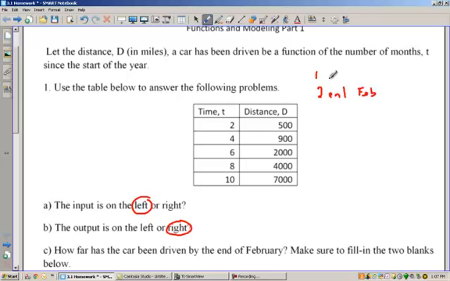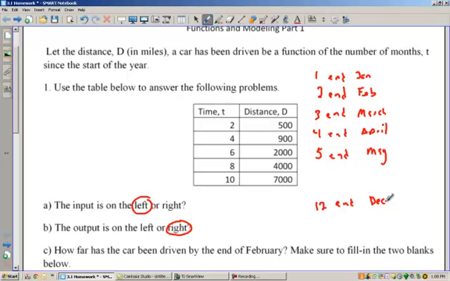So 1 would represent the end of January, 2 would be the end of February, 3 would be the end of March, 4 the end of April, 5 the end of May, and so on, all the way down to 12, which would be the end of December.